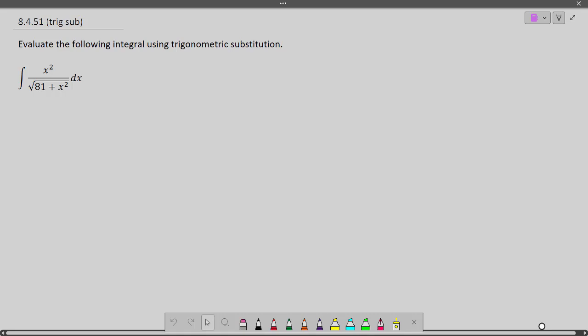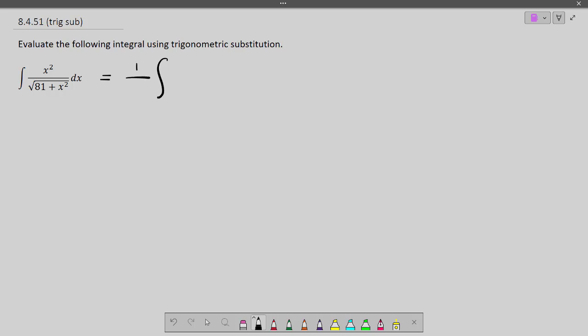So our last one is the tangent one. We're going to factor out the 81 in the denominator. And what will that 81 come out to the front as? 1 over 9. Yeah, it's going to be a 1 over 9, because if we take that out, it's coming through a square root. So that's going to be a 9 out in front.